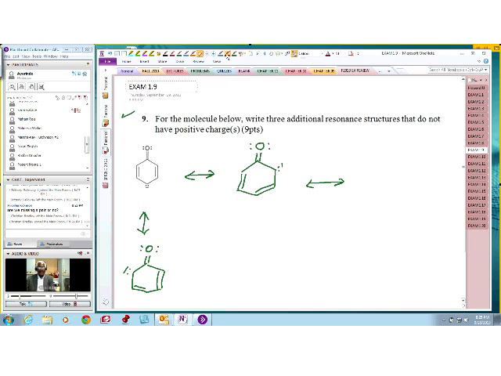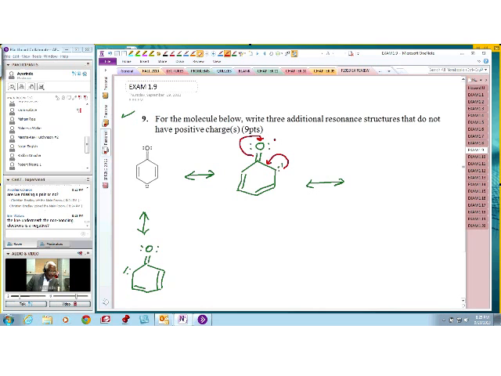Supposing I now move these two non-bonding electrons on this carbon here to form a bond between this carbon and this carbon. When you do that, you have to move this pi electron away from this carbon, because carbon cannot have more than 4 bonds. So we move the pi electron away and place it on the p orbital of oxygen.